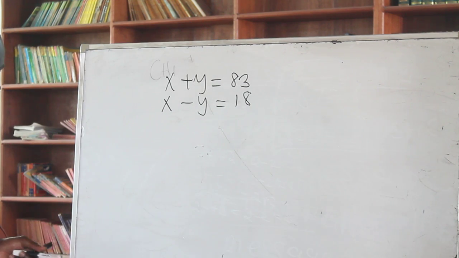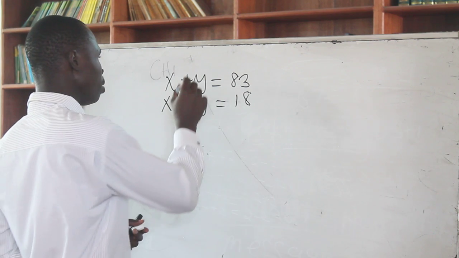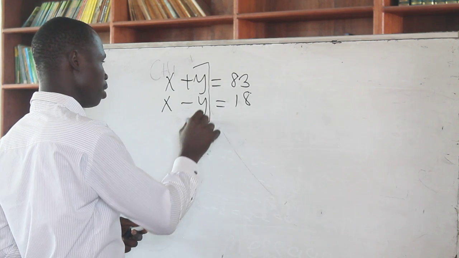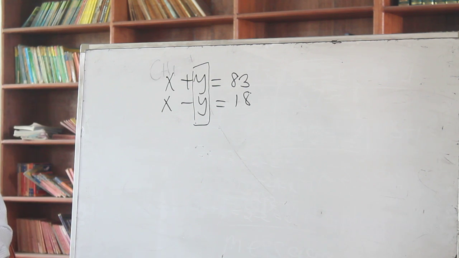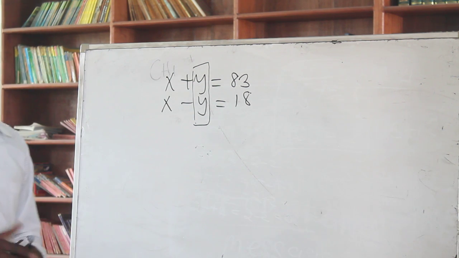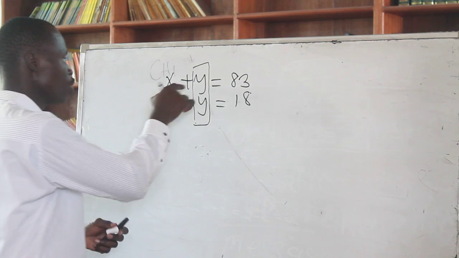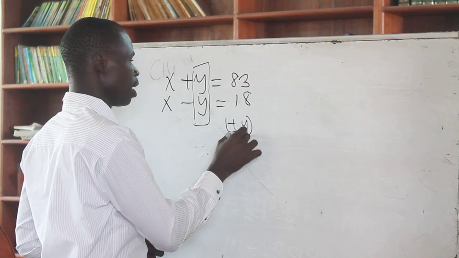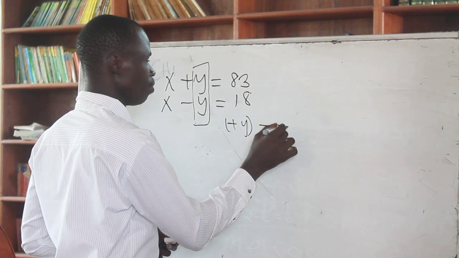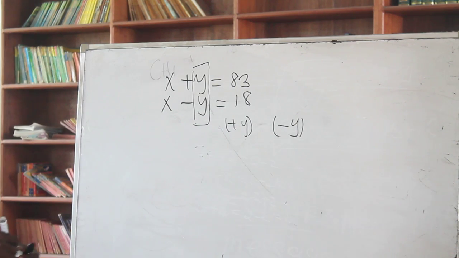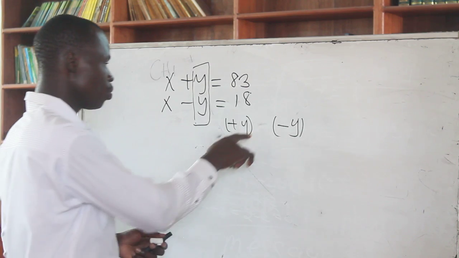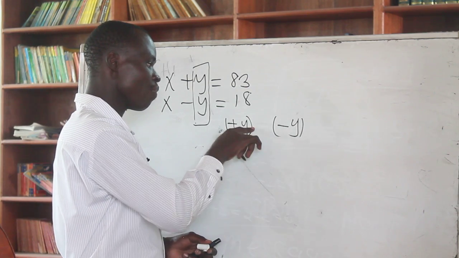Now, let's say we want to eliminate this y. And by elimination, we are looking for a sum that, if we put it, we are going to get a 0. For example, this is a positive y, and this is a negative y. So we are looking for a value that if we put here, it will give us 0.